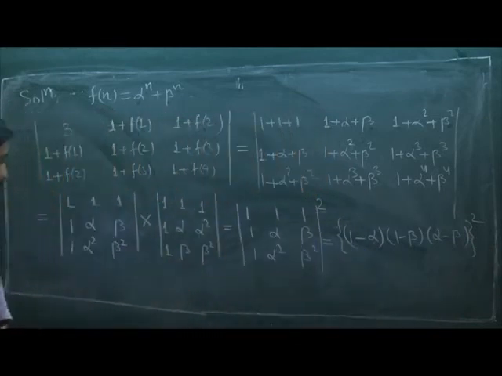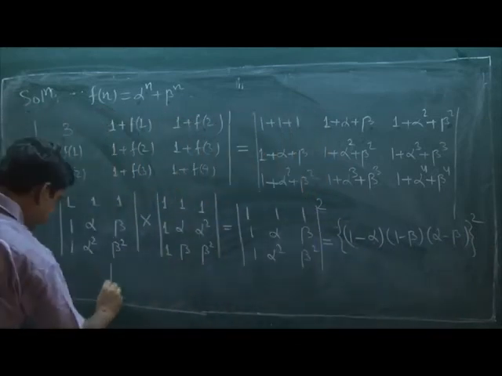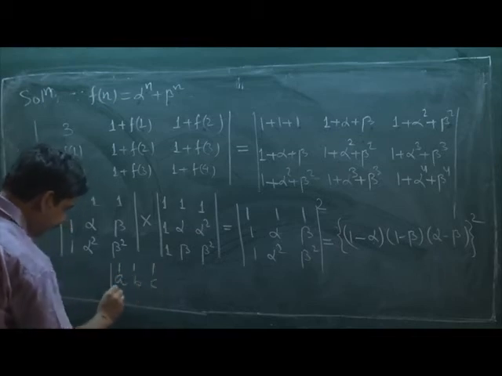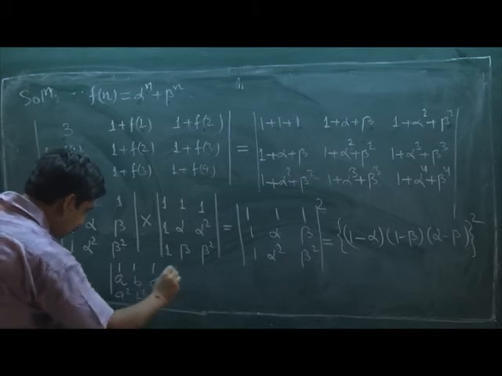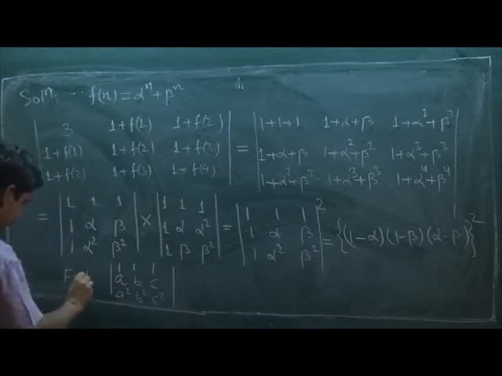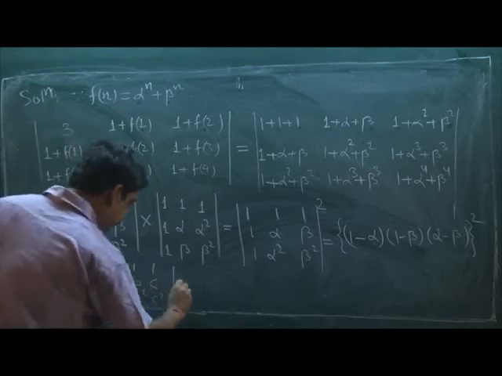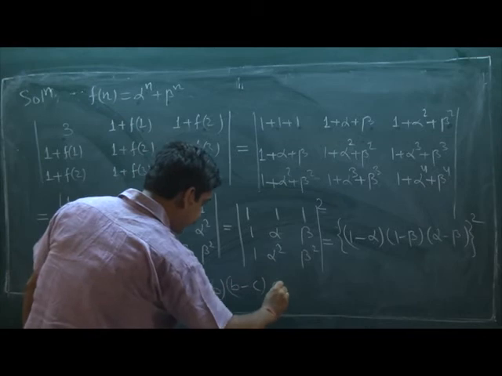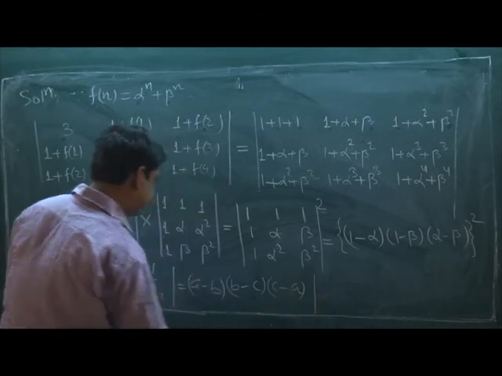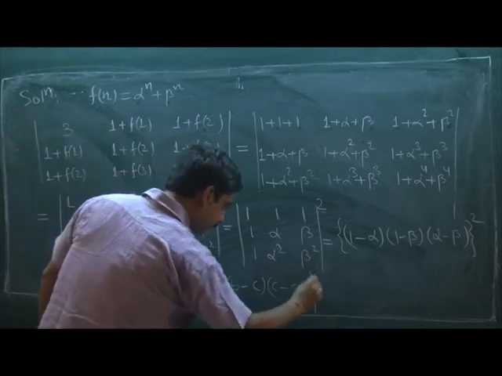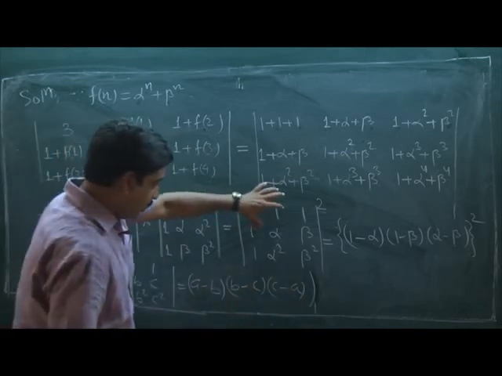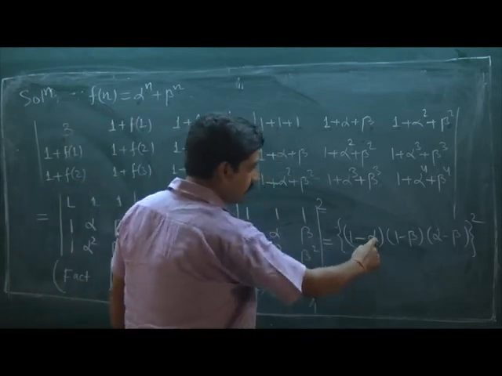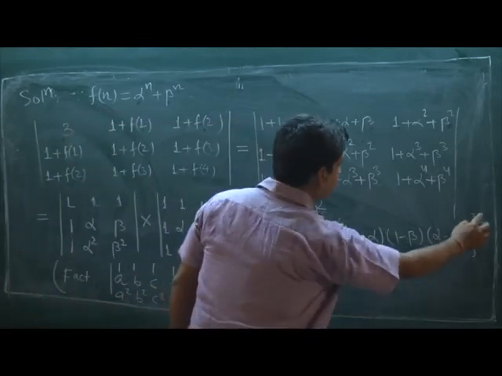It is due to the fact that the determinant |1 1 1; a b c; a square b square c square| is a very simple one, and it equals (a minus b)(b minus c)(c minus a). So we can use this determinant straightforward here. This is (1 minus alpha) square, (1 minus beta) square, (alpha minus beta) square.